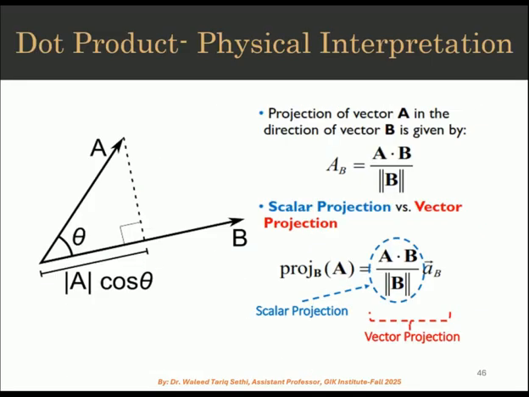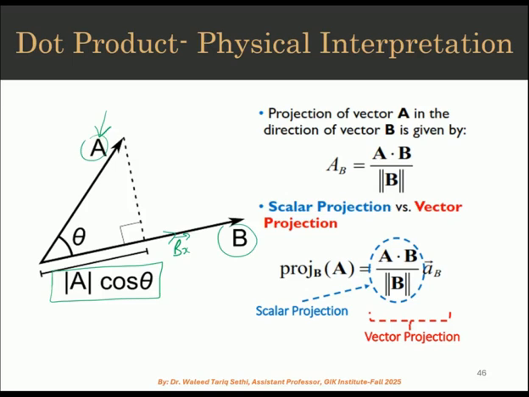Again, the physical interpretation of a scalar and vector projection is shown here. If we have vector a projected on a longer vector b, this is the length of vector a projecting its shadow onto vector b. If we want to find how much projection of a is happening on b, we take the component of vector b and then do the multiplication.